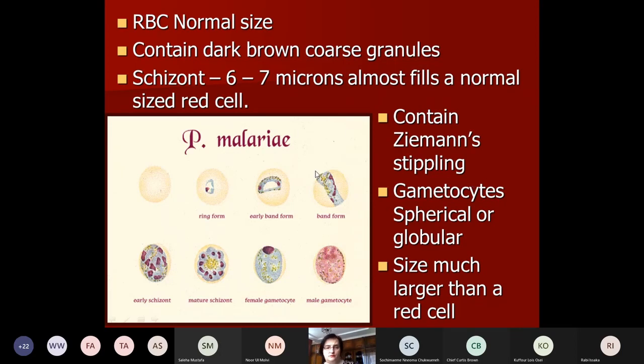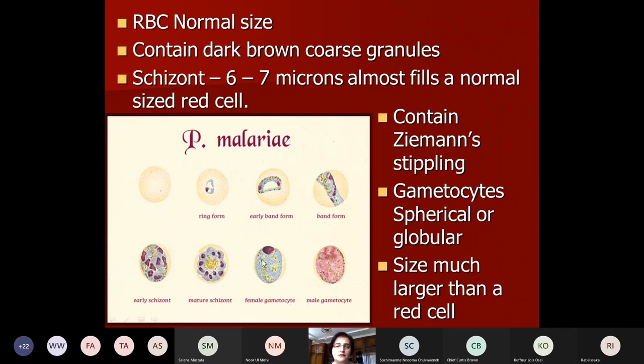Red blood cells during malaria, also of normal size, contain what you can see here, dark brown coarse granules. Schizont 6-7 microns almost fills a normal-sized red cell. Here you see a mature schizont.